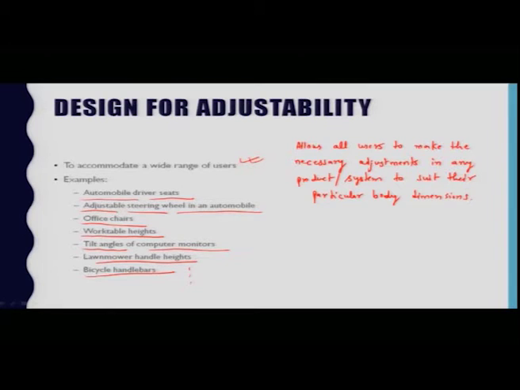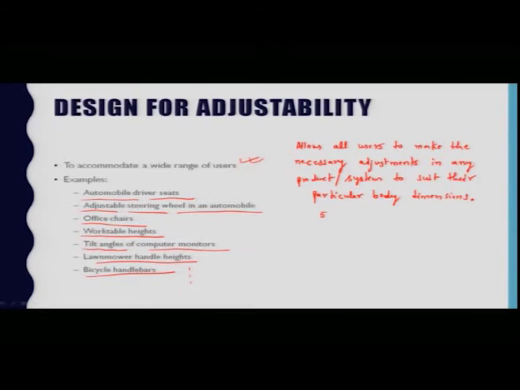So, the usual practice in these cases is to design the adjustment features to include a certain specified range such as 5th to the 95th percentile. If the products are intended for both male and female users, then the appropriate range would be between the 5th percentile for females up to the 95th percentile for males.